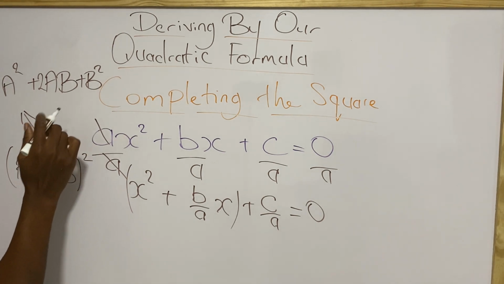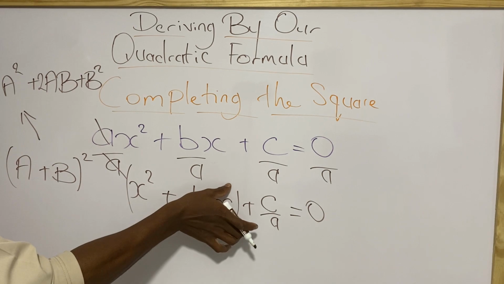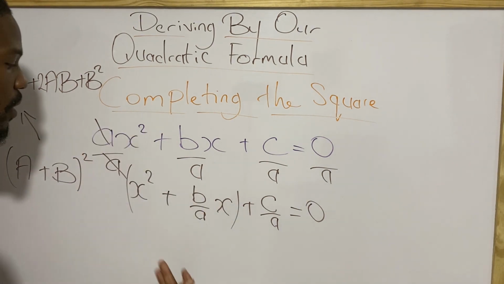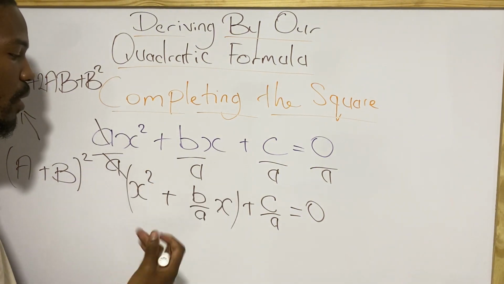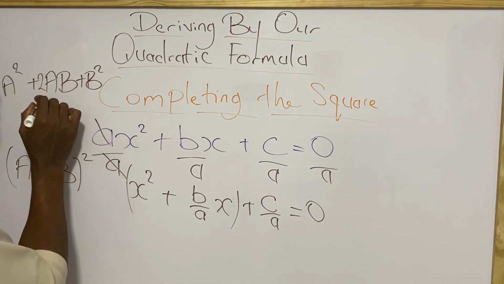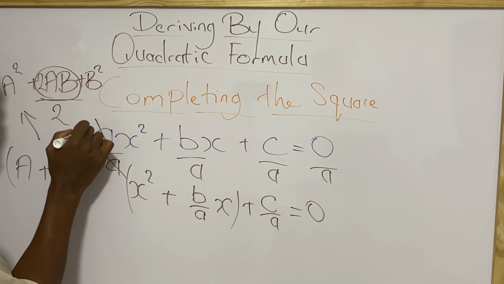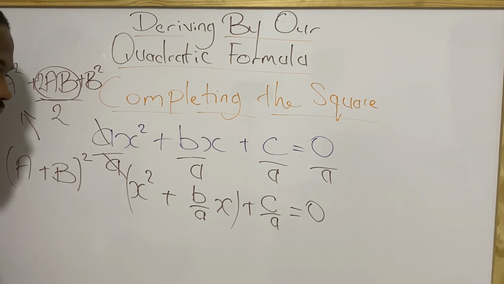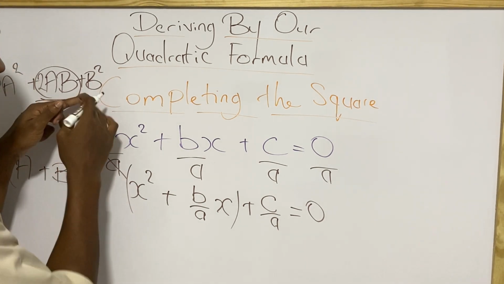What you'll find is that this b squared is not right there. How do we go about finding this b squared? How do we go about completing this square? Well, if you take this 2ab and divide it by 2 and then square it, you would actually get your b squared.